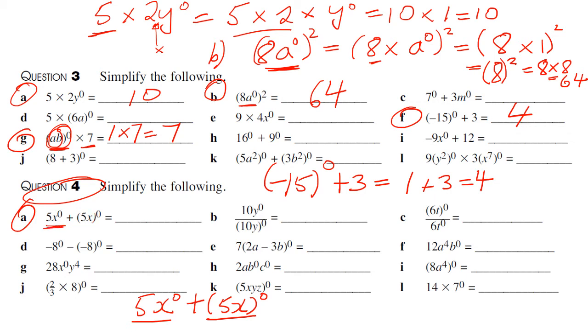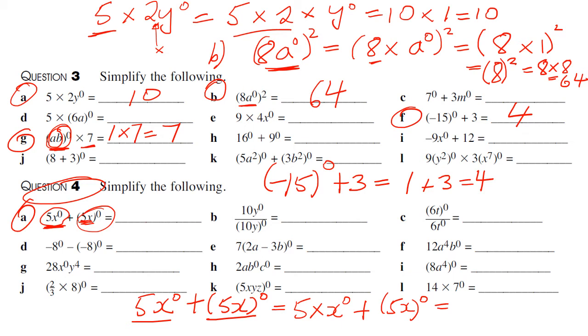Because this bit, 5x to the power of 0, is the same as 5 times x to the power of 0. But the second bit, this guy, means everything inside is raised to the power of 0.